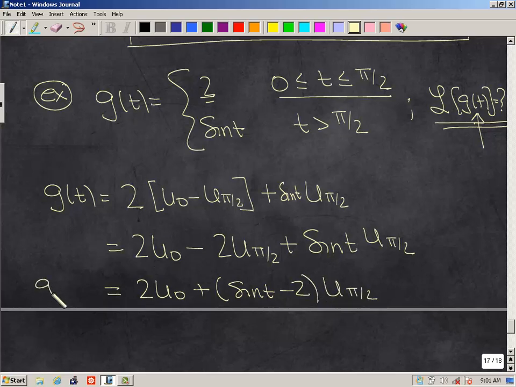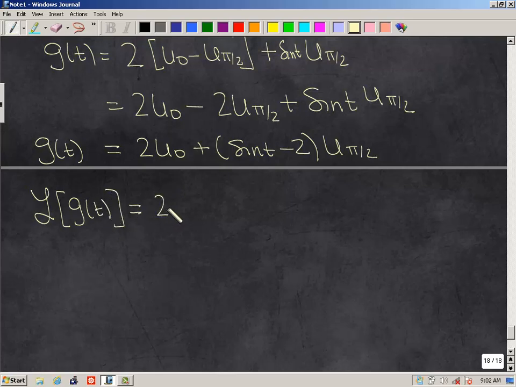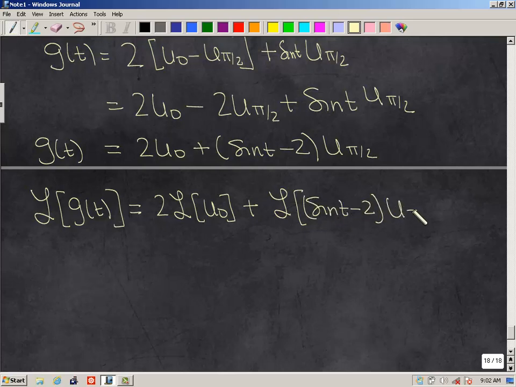So this is g of t in step functions. Now we want to take the Laplace of this. So we'll use 2 as a constant times the Laplace of u naught, plus the Laplace of all of this, (sine of t minus 2) u of pi over 2.